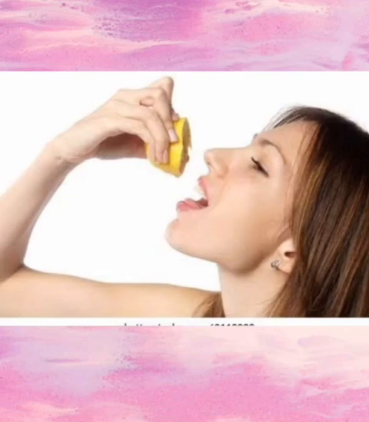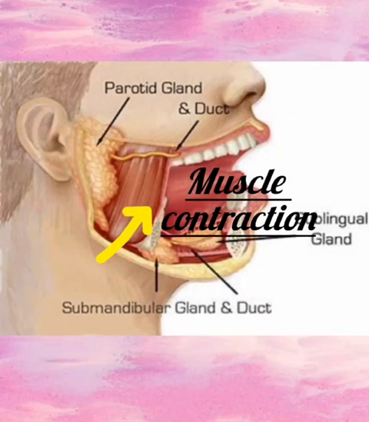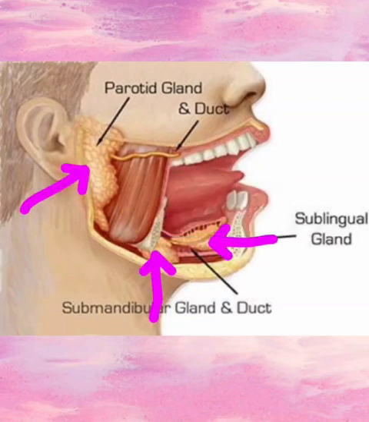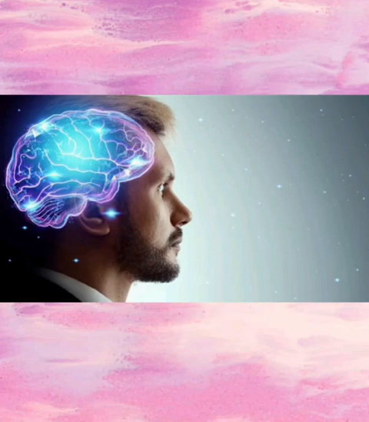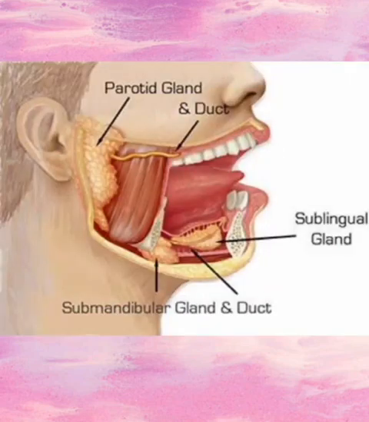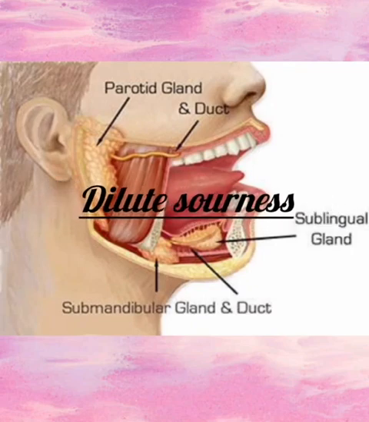The physiological response to sour taste is increased saliva production, caused by increased salivary gland activity. So the brain associates sour food with mouth watering because your salivary glands produce more saliva to dilute the sourness.